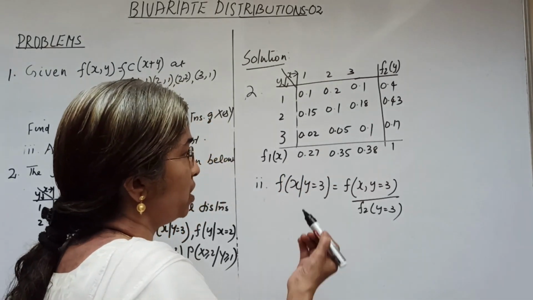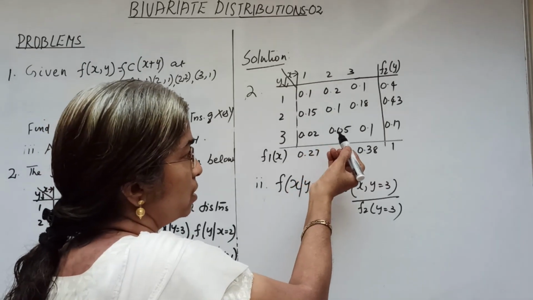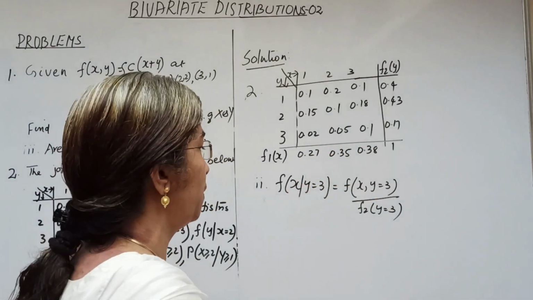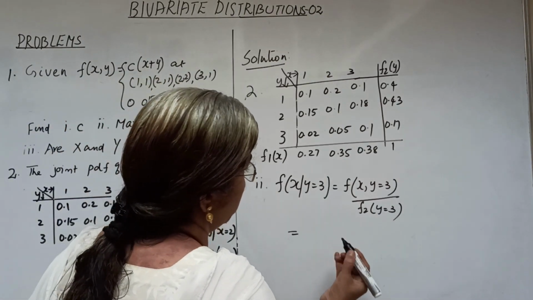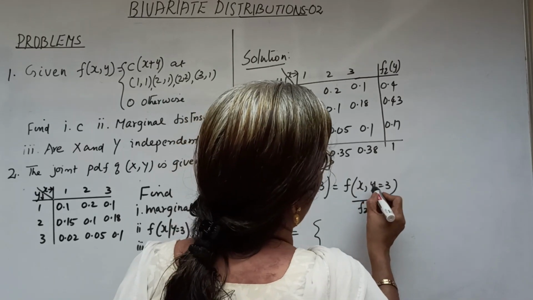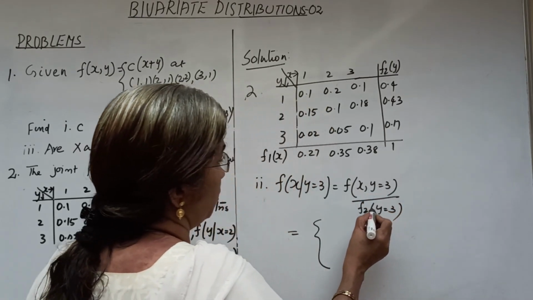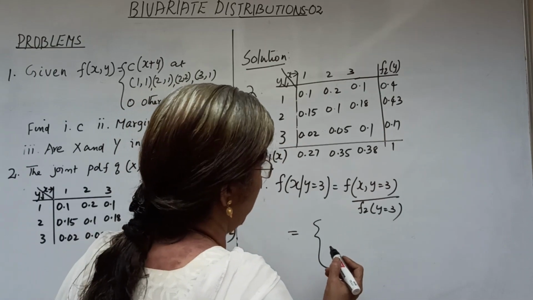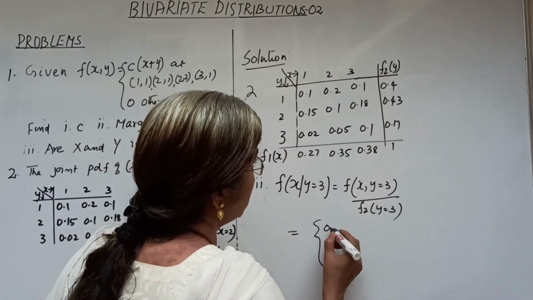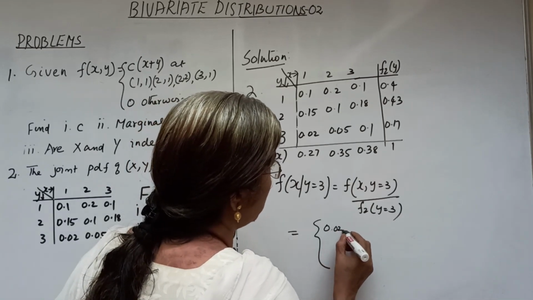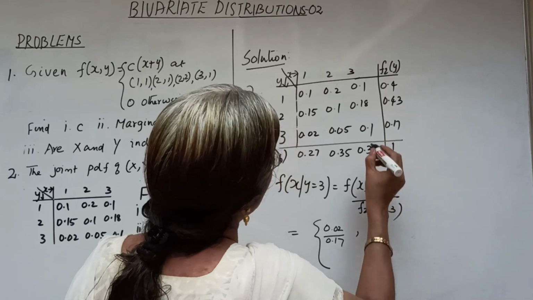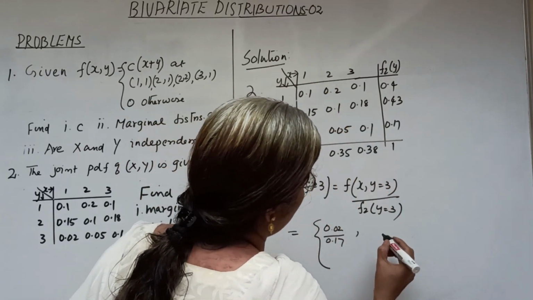So we have to divide the third row probabilities by the third row total. It is simply 0.02 divided by 0.17 for x equal to 1.